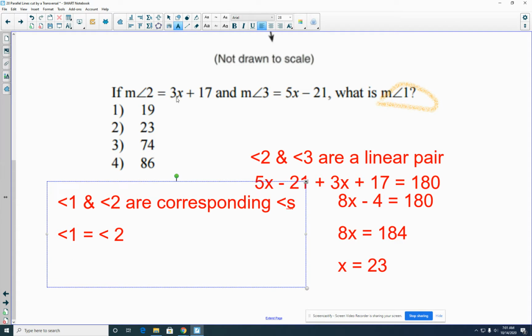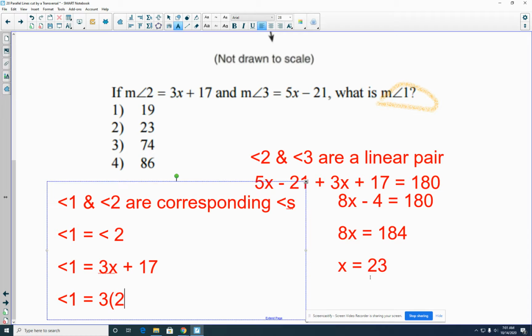Well, angle 2 is 3x plus 17. That means that angle 1 equals 3x plus 17. And we know x is 23, so angle 1 is equal to 3 times 23 plus 17. Oh, so then I just have 3 times 23 is 69, 69 plus 17.